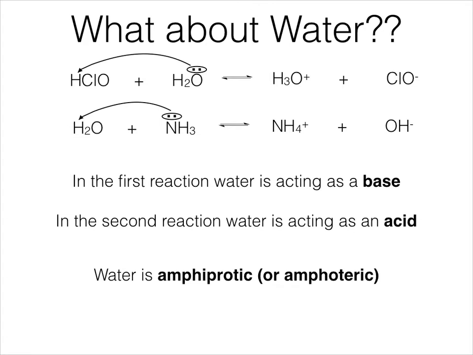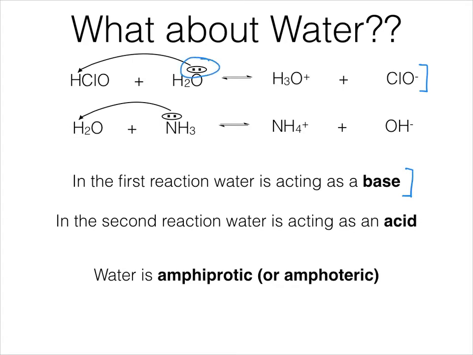So what about water? I just showed you an example where water acted as both the acid and the base. Here's more. In this first example, the water is acting as a base.